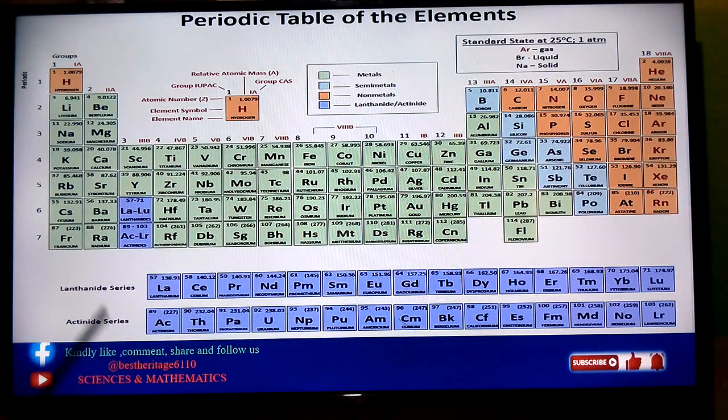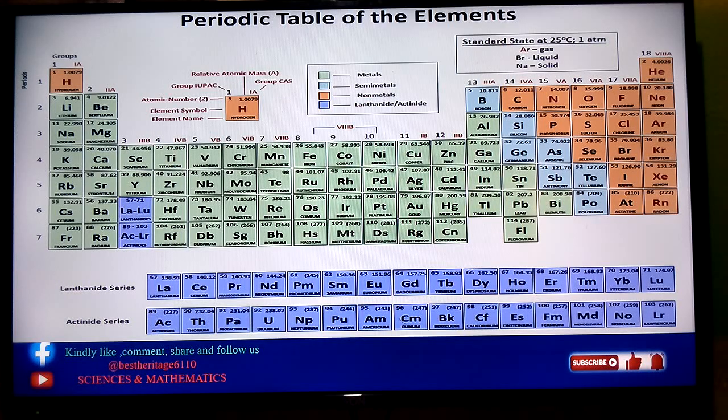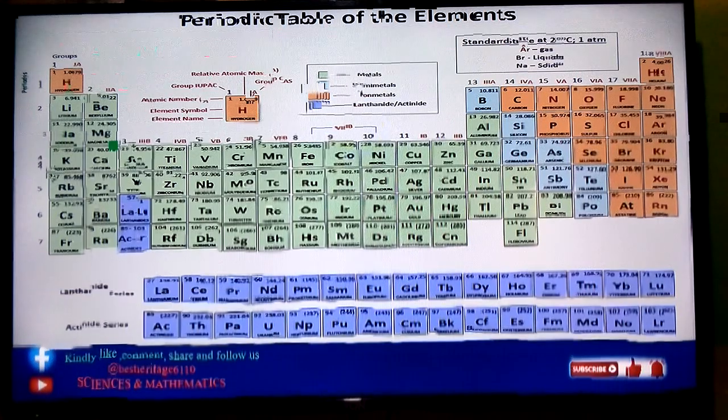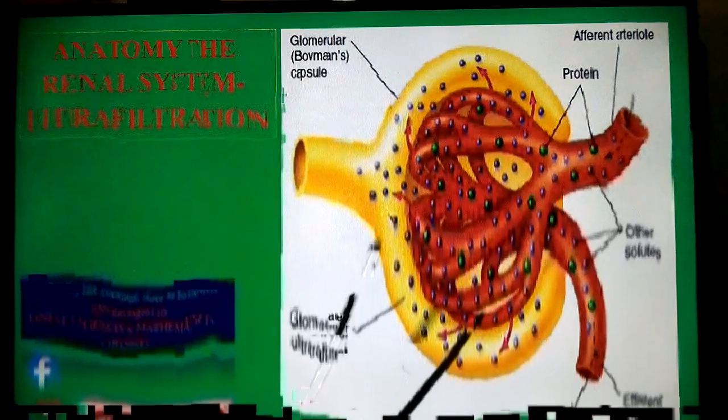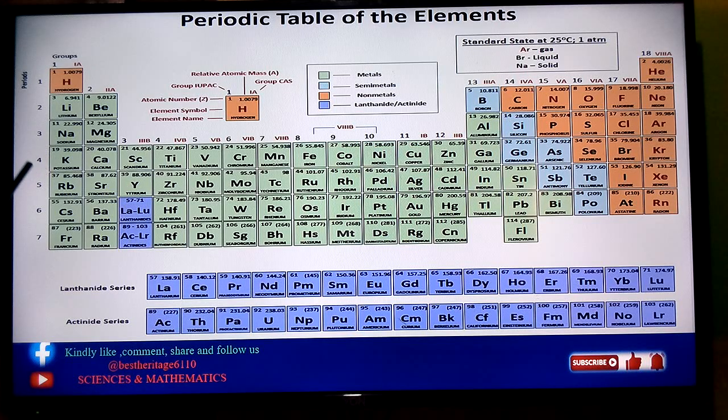But whenever we create divisions of these specific elements, the rows are referred to as periods, and the columns are referred to as groups.